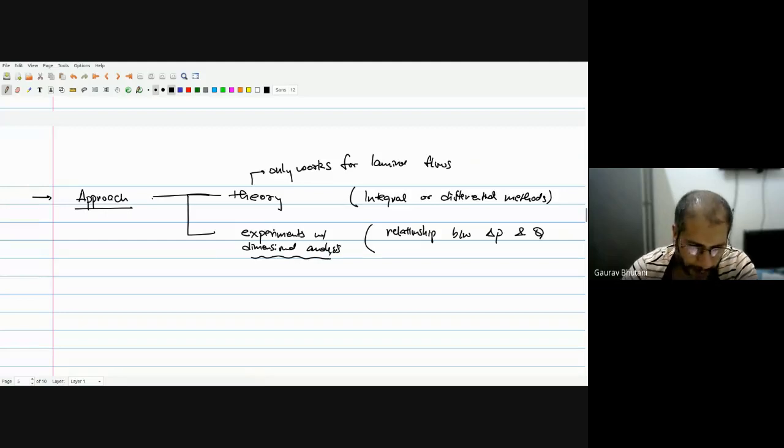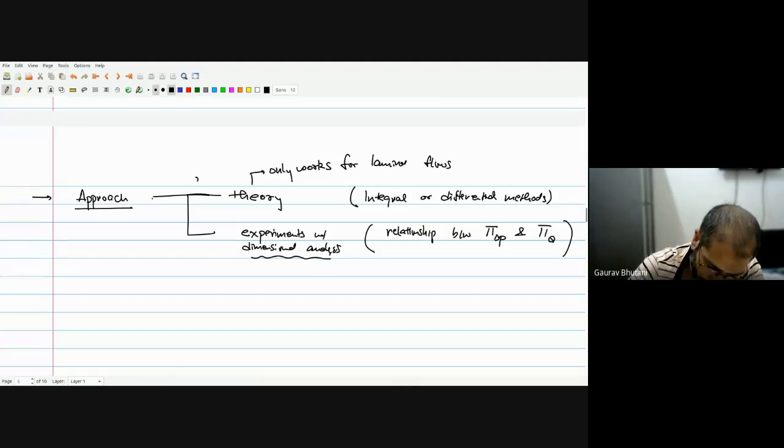So we may have corresponding non-dimensional variables. So we'll call it the pi variable corresponding to delta P and the pi variable corresponding to Q is what we'll relate using experiments. Okay, and using these charts and tables, they can help us with designing piping systems.